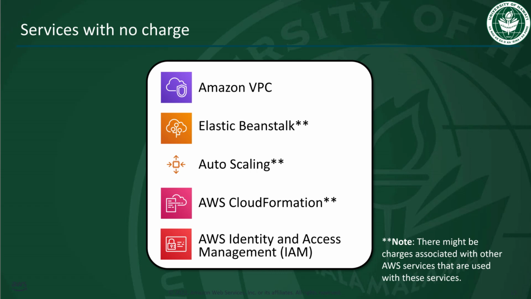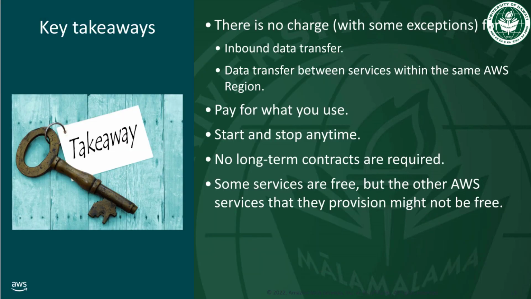However, when you get to the services of compute, data storage, and data transfer, and you're fully developed, that's when you start paying for the services. Hopefully that's clear. And a key takeaway: there's no charge, with some exceptions, for inbound data transfer. However, data transfer between services within the same AWS region is usually no charge, but you have to make sure what you're using is free or not.